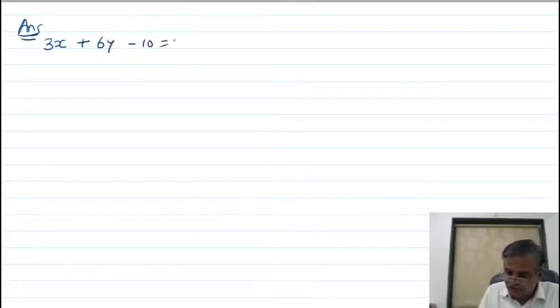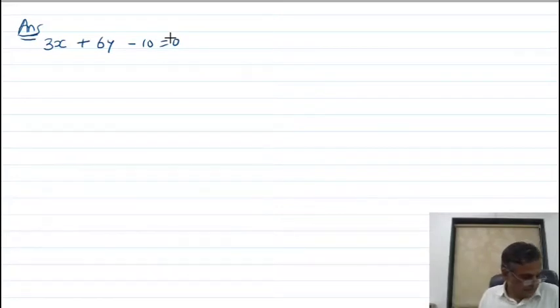So I am writing the solution. First equation is 3x plus 6y minus 10 is equal to 0. This is the first equation.